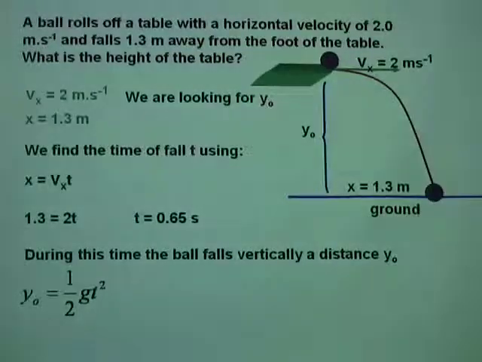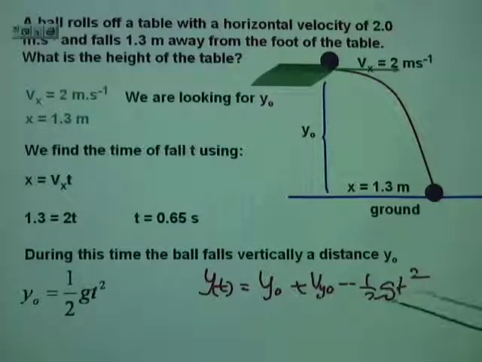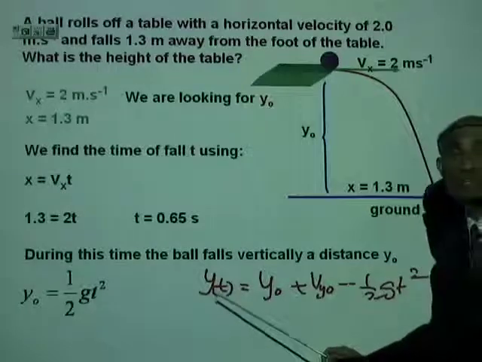Well, to be strict, our equation is y of t equal to y0 plus vy0 t minus 1/2 gt squared. This is our y position equation.